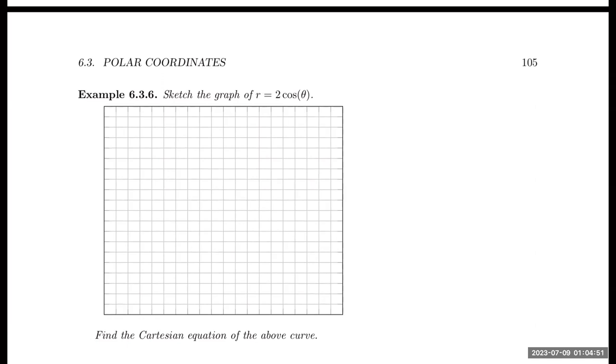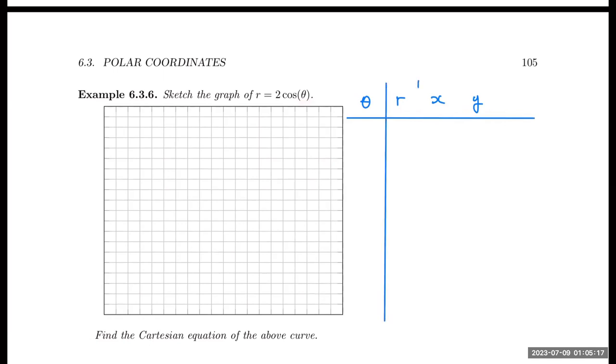Now that we're dealing with polar coordinates, we're going to be using 4 values: theta, r, x, and y. The input value here is going to be our theta, and the r, x, and y are going to be the outputs based on what we get. So let us create this table.